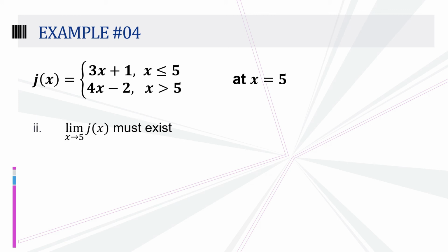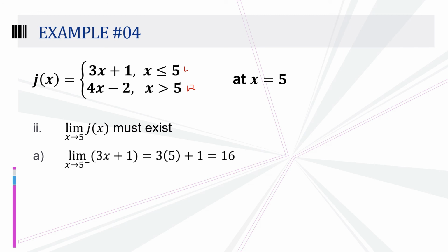Now, checking the criterion, the limit of j of x as x approaches 5, okay? So meron tayong na split. Okay? So titignan natin yung limit as x approaches 5 from the left, and then check din natin yung limit as x approaches 5 from the right. So check natin.